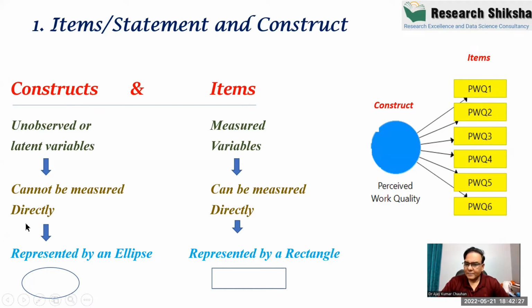They cannot be measured directly, and they are represented by ellipses or circles, but you can make them ellipses too. And the items are represented by rectangles. So all these yellow boxes are rectangles, and they are representing the items. So this is the basic difference between constructs and items.